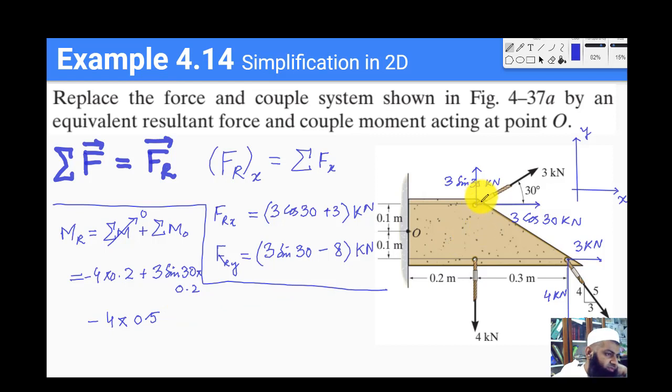This one is producing a clockwise moment, and this force is producing a counterclockwise moment. So here we get a minus 3 cos 30, and the perpendicular distance is 0.1, and then we get this last term which is going to be positive, and that is equal to 3 times 0.1.